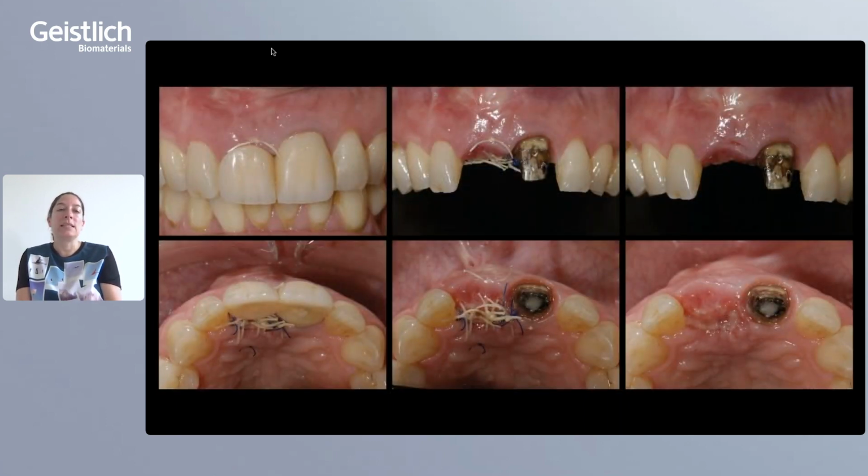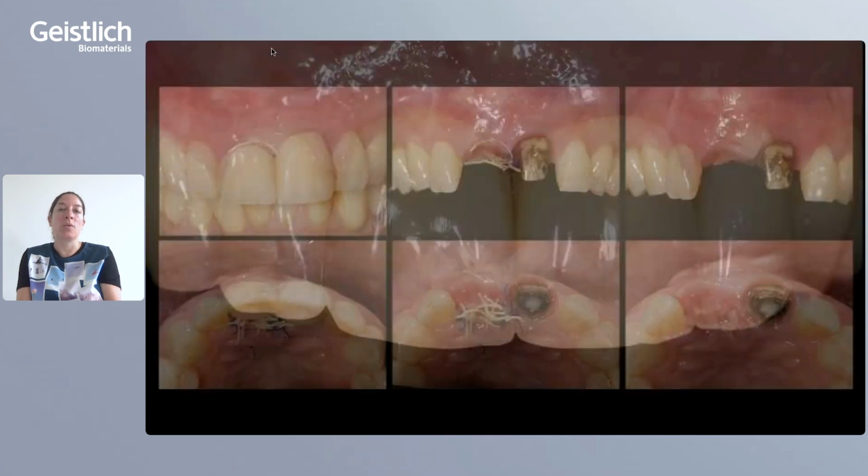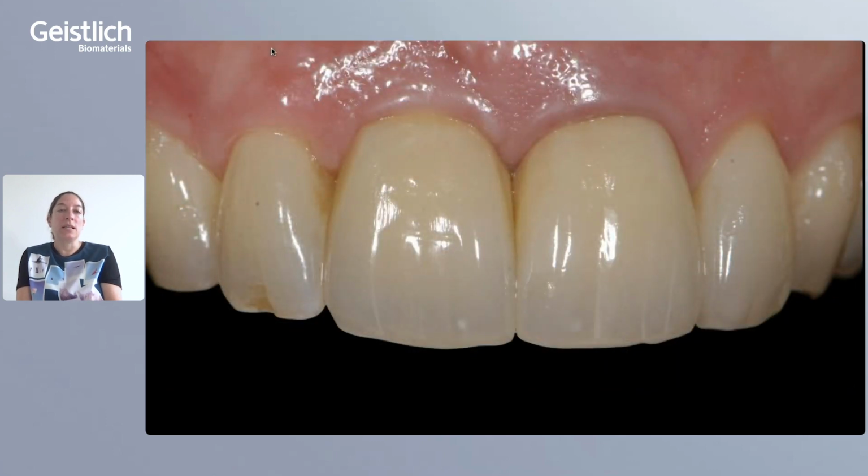And then this is the sequence of healing after the additional soft tissue augmentation. Here we have the final clinical outcome, an implant-borne crown at site 1-1 and a tooth-borne crown at site 2-1. And this is the final result.